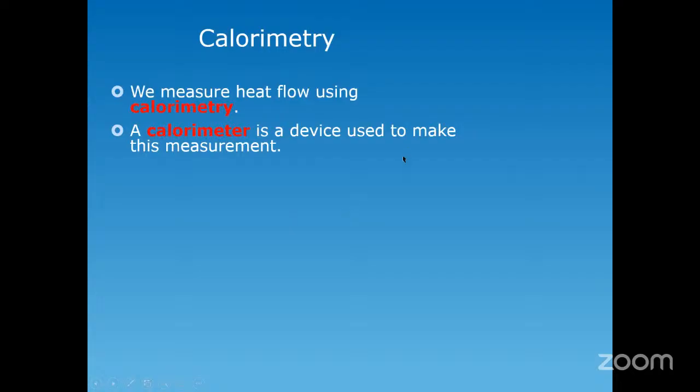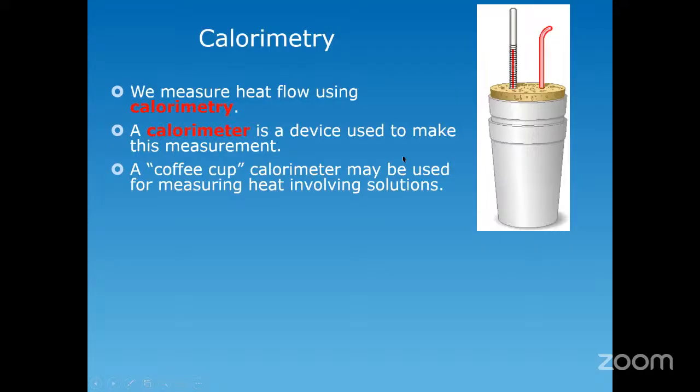Now, there are different levels of sophistication in terms of this particular type of device. The one that you see here is basically the ultimate in low tech, because what is used in this version of the calorimeter is 2 styrofoam cups, which has a cover, kind of stopper with 2 holes in it, one of which you're going to push a thermometer through, and the other one a stirrer, all right?